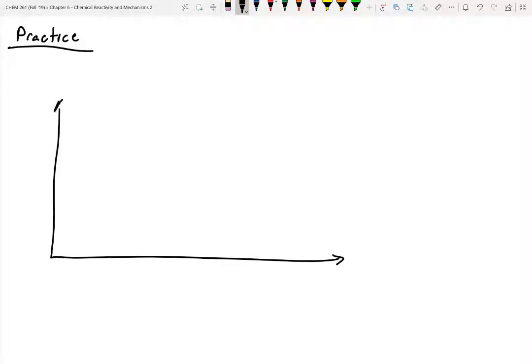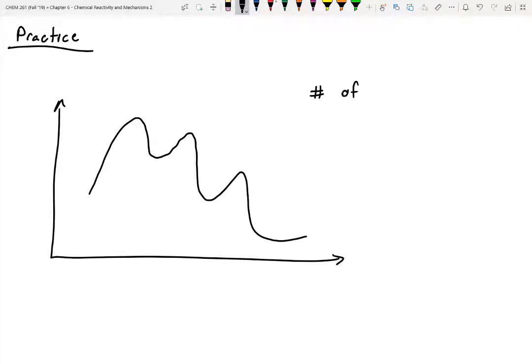All right, so let's consider this reaction. I'm just going to give you this, and I'll say, all right. My question for you is the number of intermediates. And yours better be as pretty as mine, because I spent a lot of time on this.